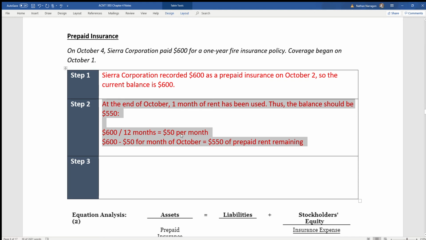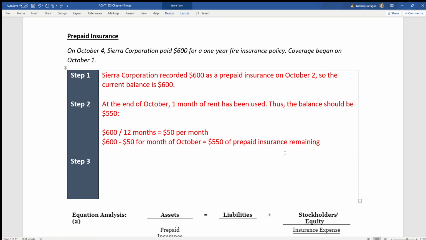So 600 divided by 12 months equals $50 per month. So 600 minus 50, our prepaid insurance remaining. There we go. So our prepaid insurance remaining is $550.